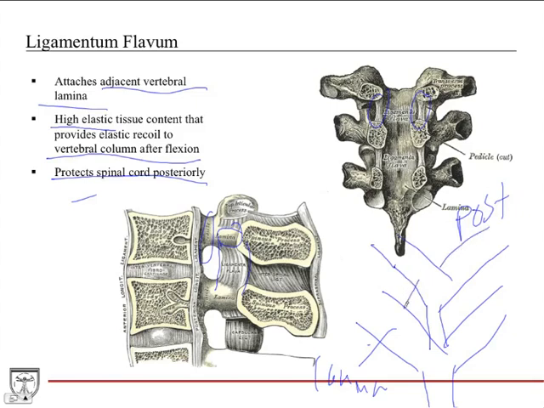The ligamentum flavum is going to be like this, connecting the lamina on both sides just like this. And as you can see, inside of here is the vertebral canal, which is where the spinal cord is. So you can see why it protects the spinal cord posteriorly.